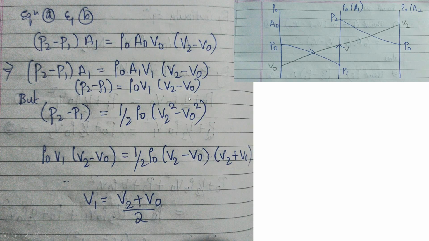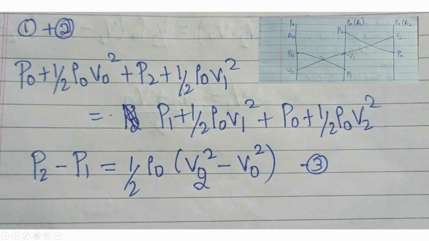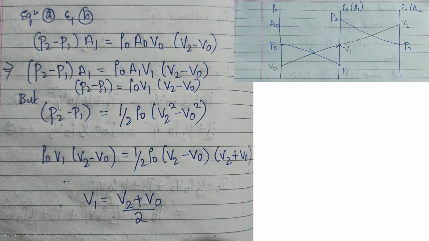But from Bernoulli's equation, what we solved here, P2 minus P1 is equal to half rho naught into V2 square minus V0 square. We'll now substitute that in place of here.